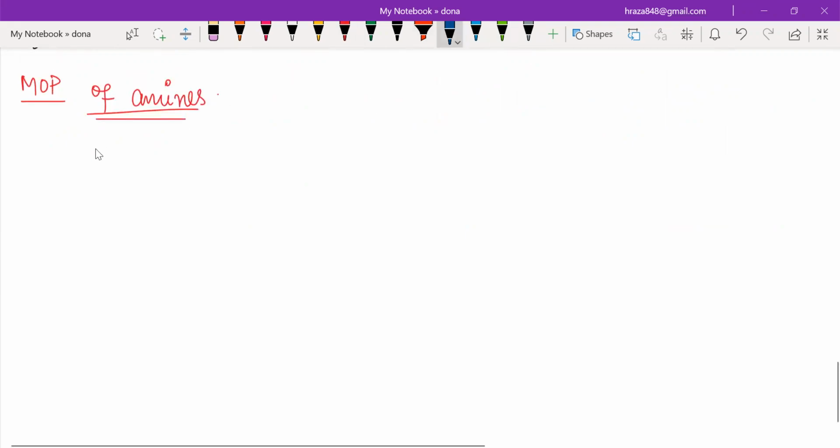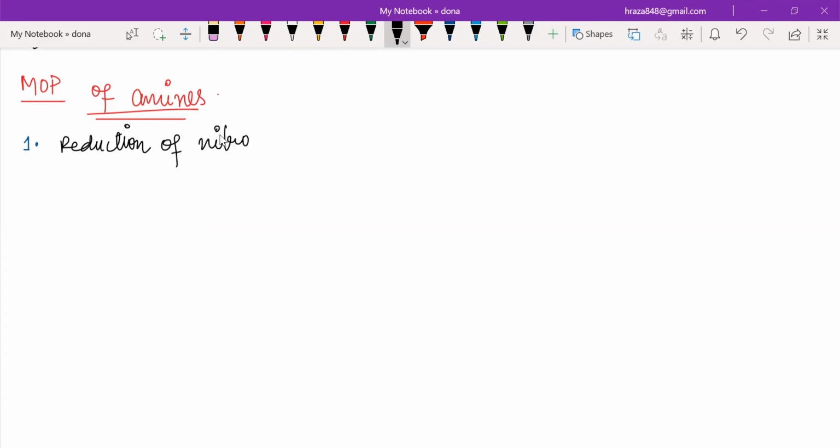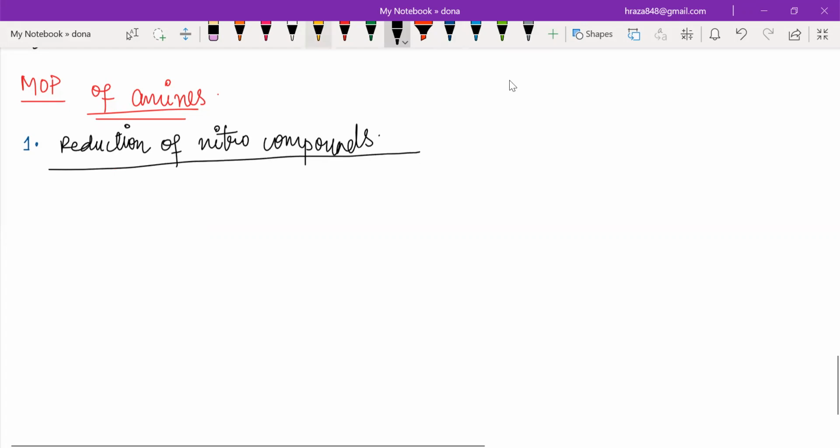So the first is basically reduction of nitro compounds. You can easily reduce this and you will get amine.